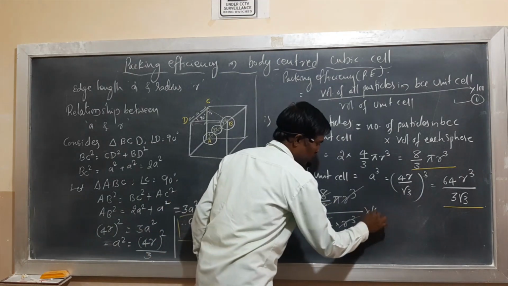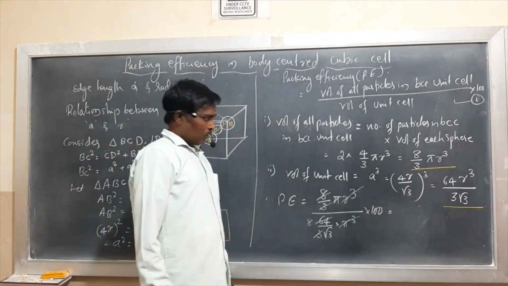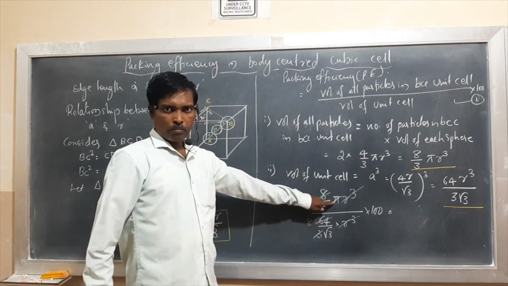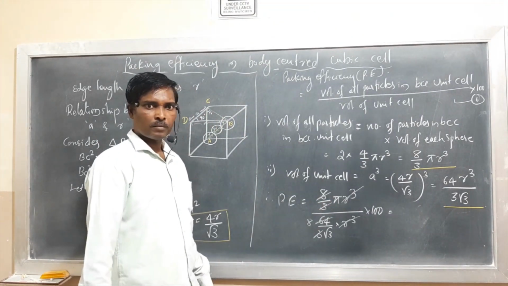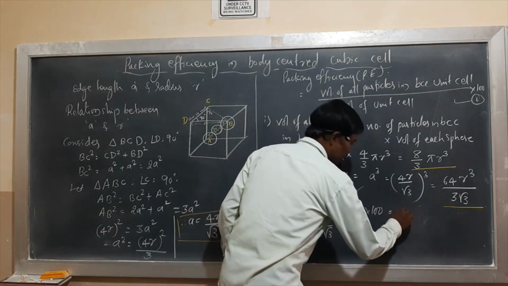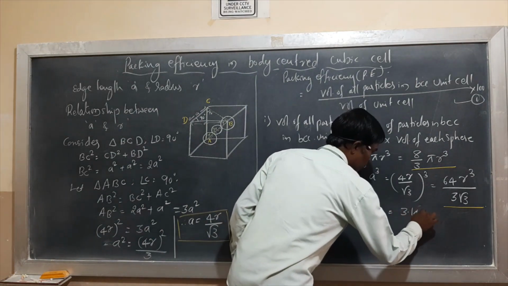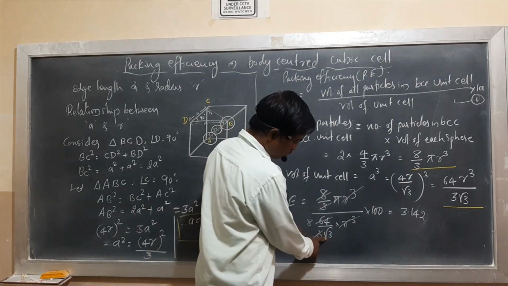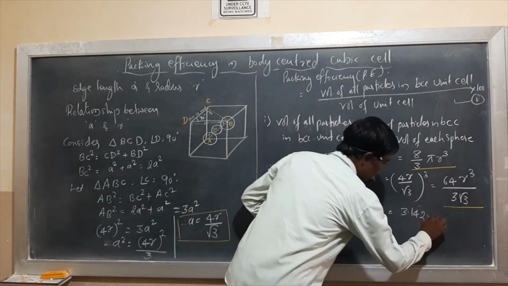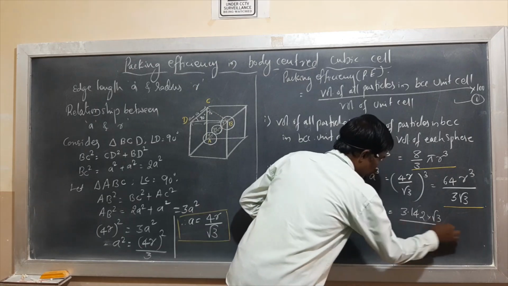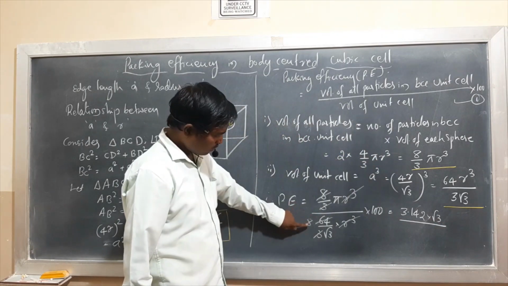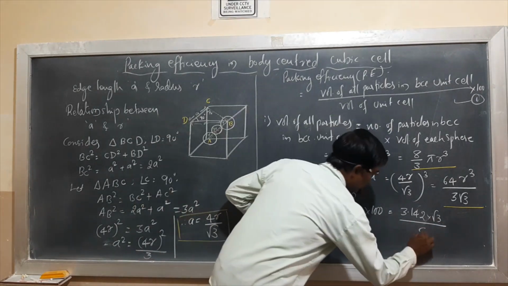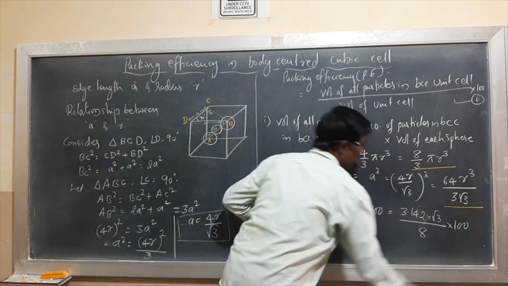8 ones are 8, 64, and the 3s get cancelled, so we multiply with 100. The remaining terms: first is the pi value, 3.142, and this root 3 goes to the numerator, so into root 3, divided by, in the denominator, only 8 remains, so 8 into 100.